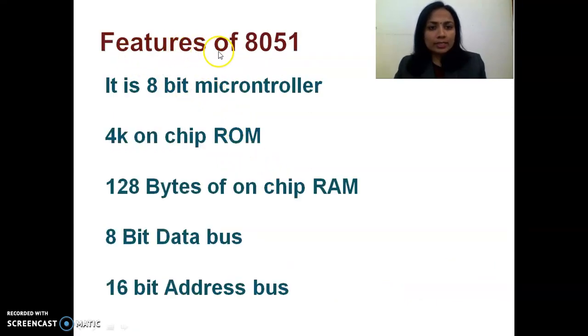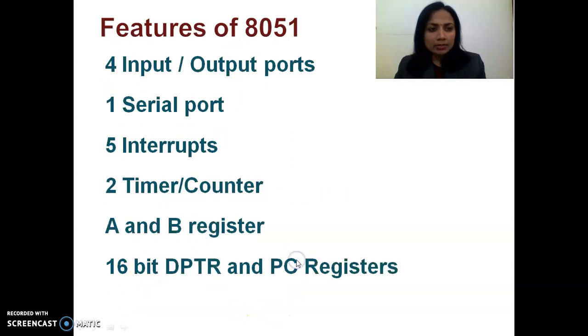The features of 8051 microcontroller are: it is an 8-bit microcontroller with 4K on-chip ROM and 128 bytes of RAM. It has 8 bits of data bus and 16 bits of address bus.